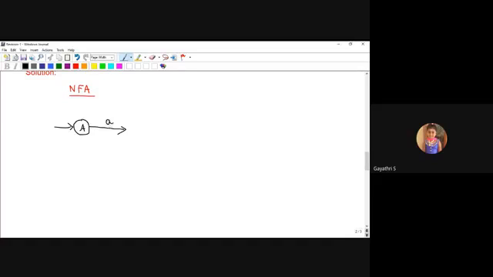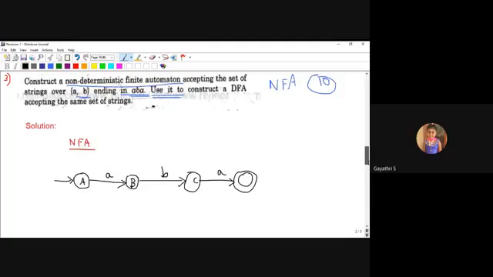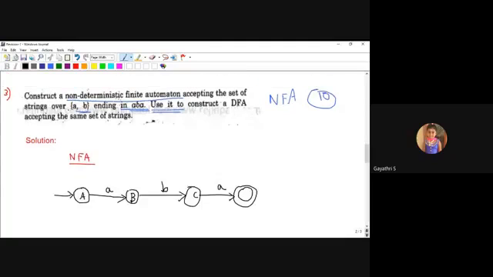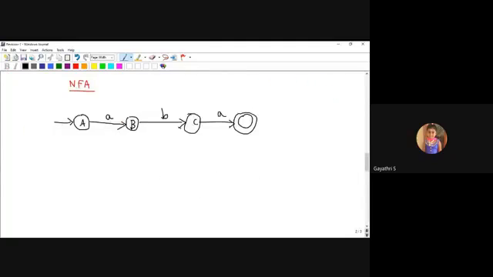On receiving the first a, it goes to B. On receiving b, it goes to C. On receiving the next a, it reaches the final state. If any string ends with aba, it will definitely be accepted.